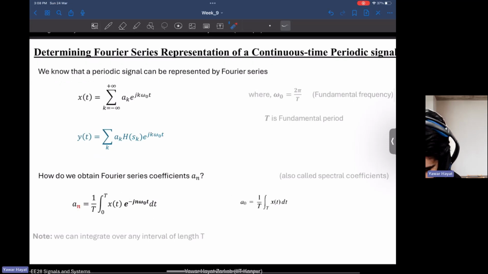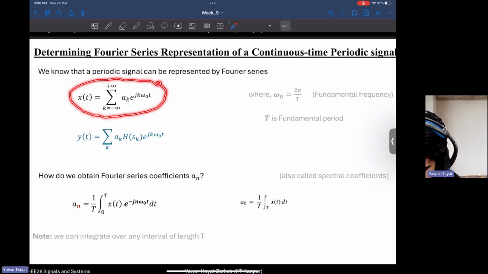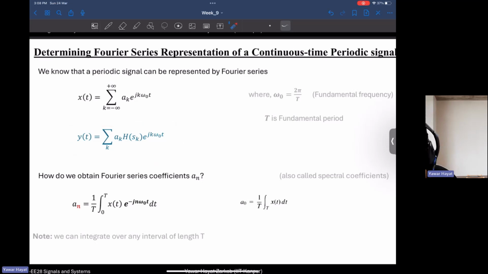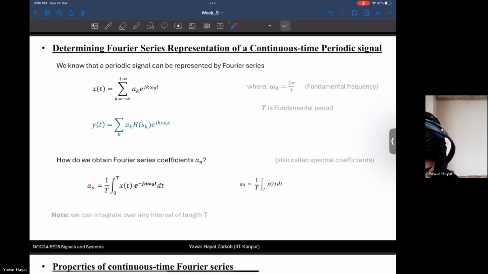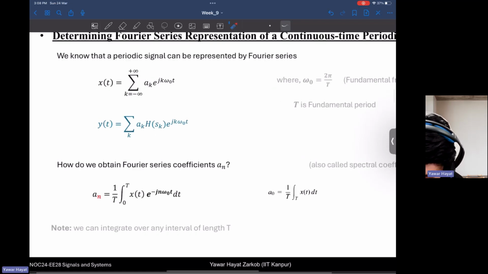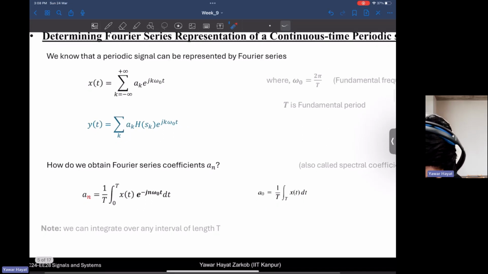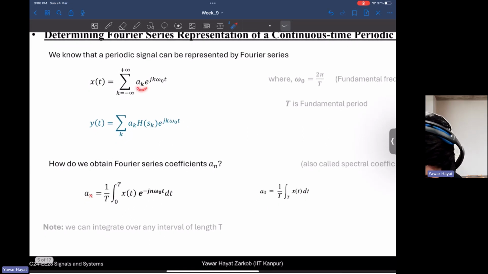I utilize that result. Since we are able to express the periodic signal by Fourier series, we can write a simple expression of the output. No need to compute that convolution anymore.